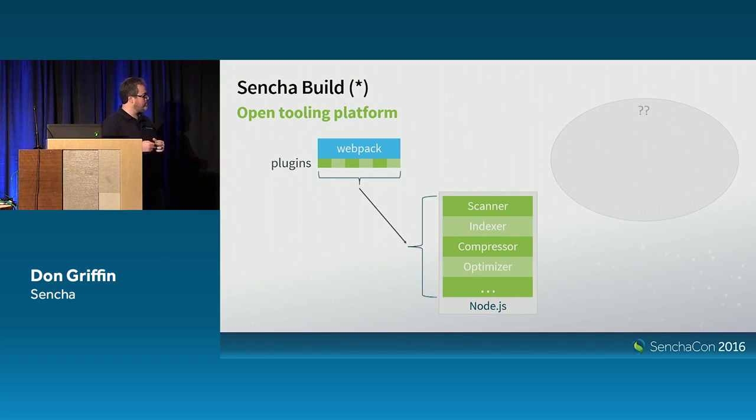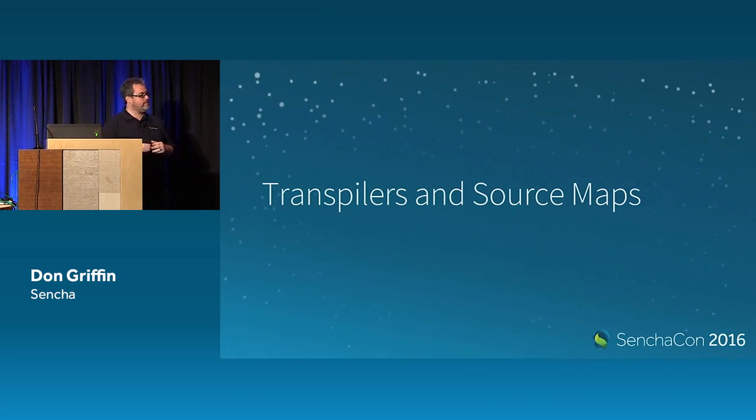So in the future, when the inevitable comes and the tools evolve and a new thing becomes the thing, whatever that might be, and we've looked at several, we'll have the ability to build equally thin layers in those tools that leverage Sencha build and the open platform that does all the heavy lifting, and then integrate with that build tool. So under the covers, the good parts of these tools that we want to leverage, because that's really what unlocks the language adoption, are transpilers and source maps.